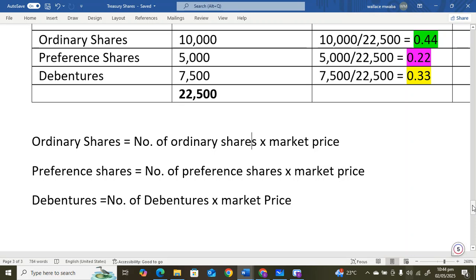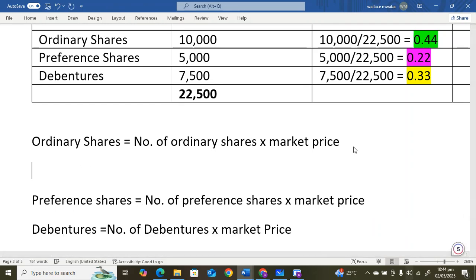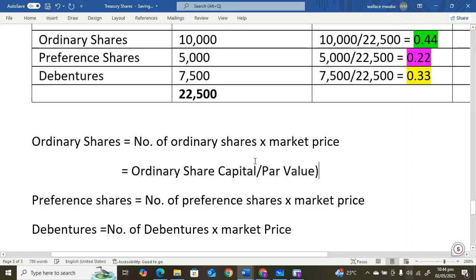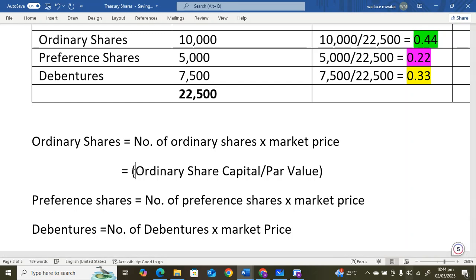Now, it's not always that they'll give you the number of ordinary shares, the number of preference shares, and the number of debentures. So the way you get the number of ordinary shares is the money raised from ordinary share capital divided by the par value of the shares. That's how you get the number of shares. Then ordinary share capital divided by the par value times the market price.